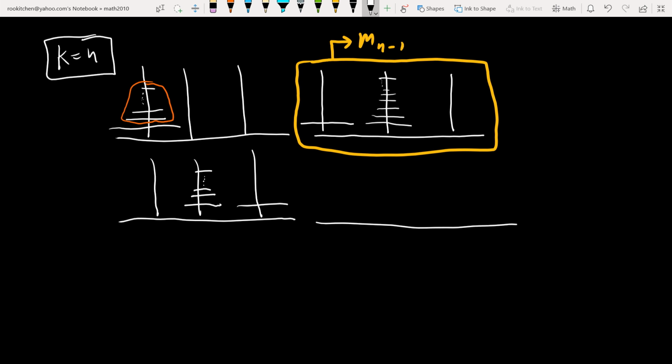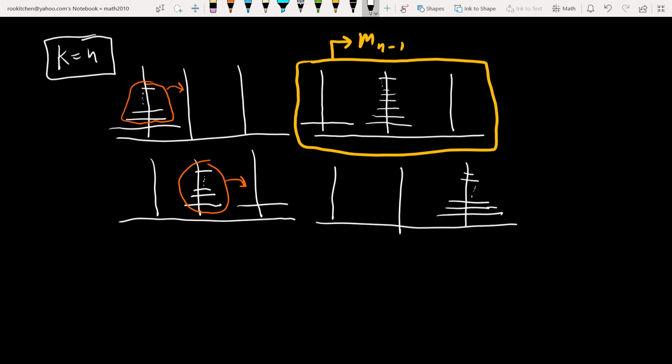Then finally, we have to take all of that tower and move it on top of this tower. So first move this guy over to here, and now we're going to move all of it onto the big donut. And how many moves does that take? It takes the number of moves to move a tower that has one donut less, which is m sub n minus 1 again. Sorry, my donuts aren't the same, they're supposed to be decreasing in size.